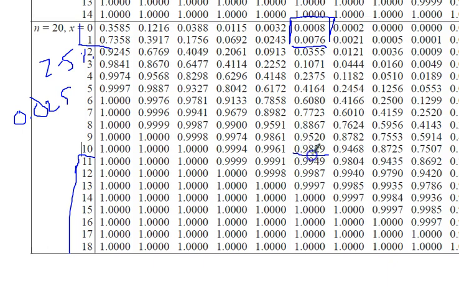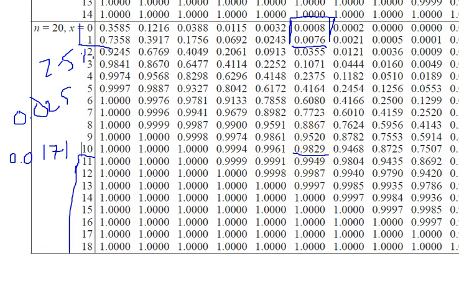And if we did 1 minus this value, we would get 0.0171, I think, if I've done my subtraction in my head right, which is less than 0.025. So we are allowed to have this now. So you can see the critical value in this case is 11. The critical region is anything 11 or more. Just watch out for that bit there.